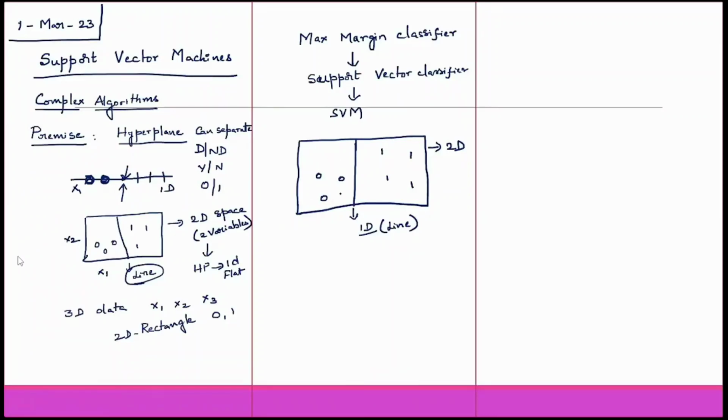This line is called a hyperplane. It separates the classes, the 0 class from the 1 class. The points on one side of the hyperplane would be categorized as 0, and the points lying on the other side would be classified as 1. And in this case, it is very clear that the separation between zeros and ones is perfect.